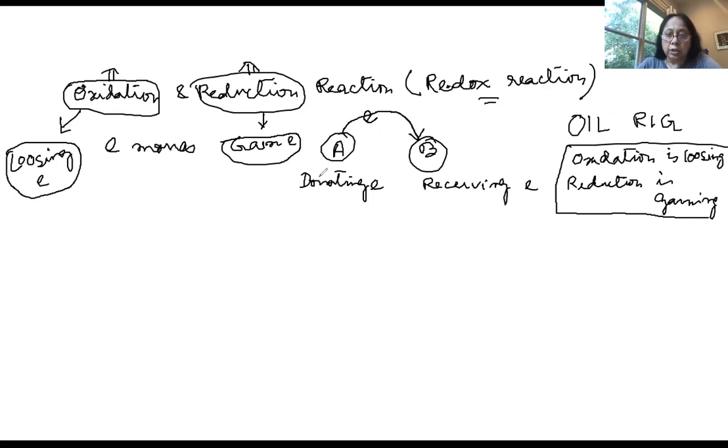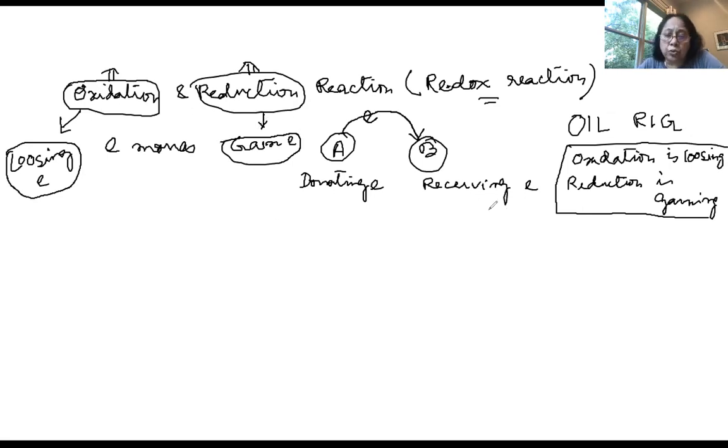These two reactions, oxidation and reduction, simultaneously go together. Oxidation is when one atom loses one electron. Reduction is when one atom gains or accepts one electron. That's the definition of oxidation and reduction reaction.